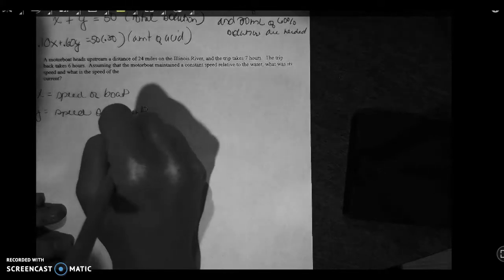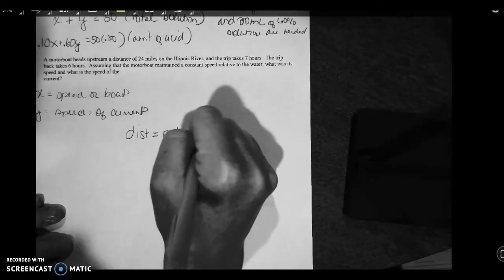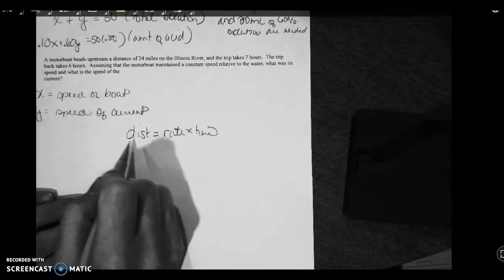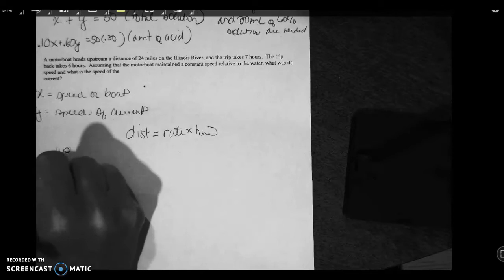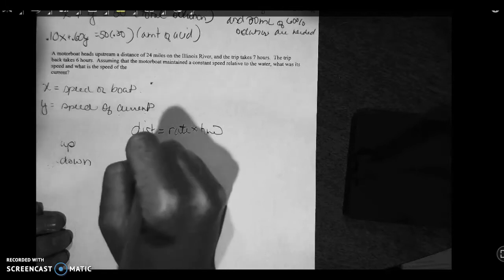So here we know that we have this equation that says distance equals rate times time. We also know we have two variables, so think about it. We need an equation for going upstream, and we need an equation for downstream. So our distance upstream and downstream, it's the same.